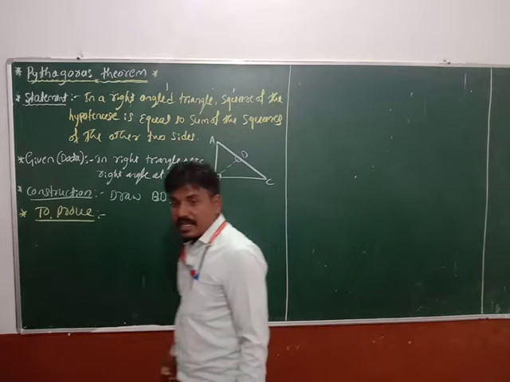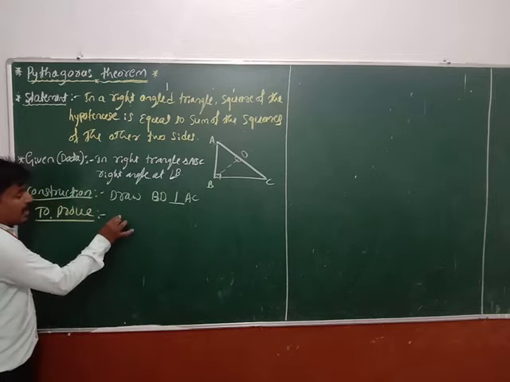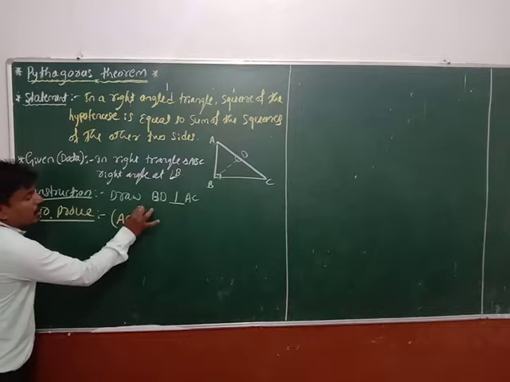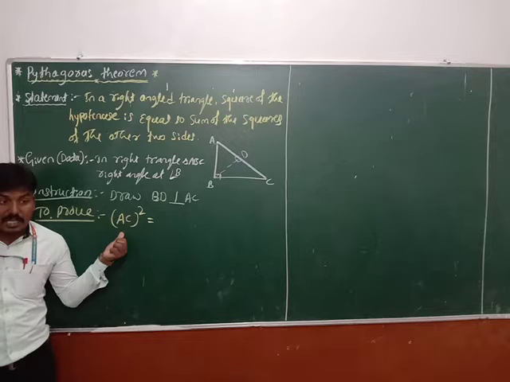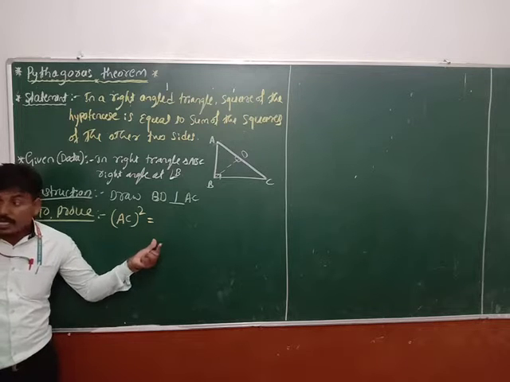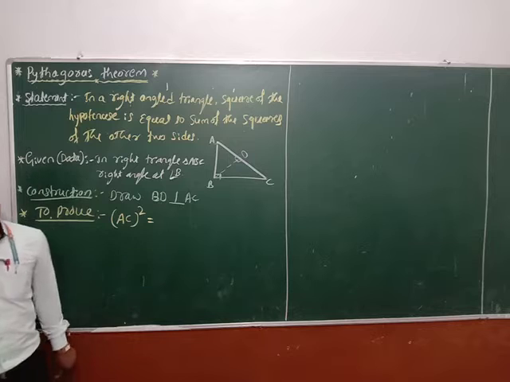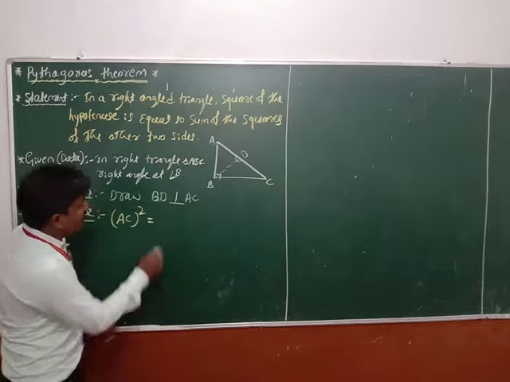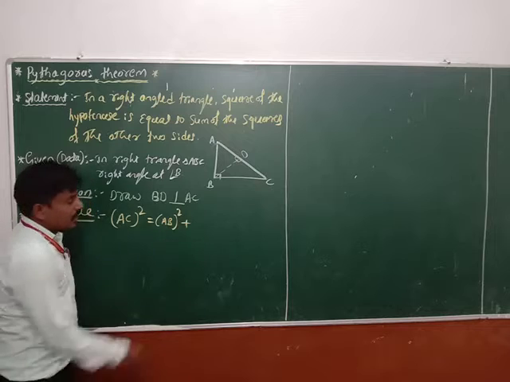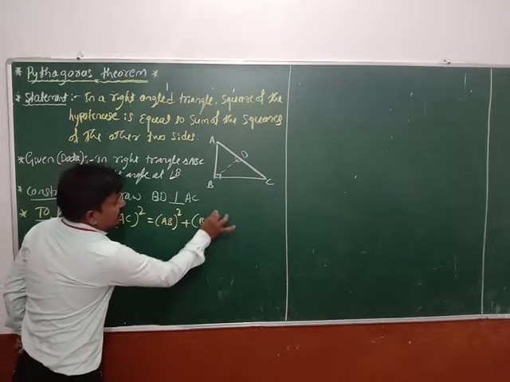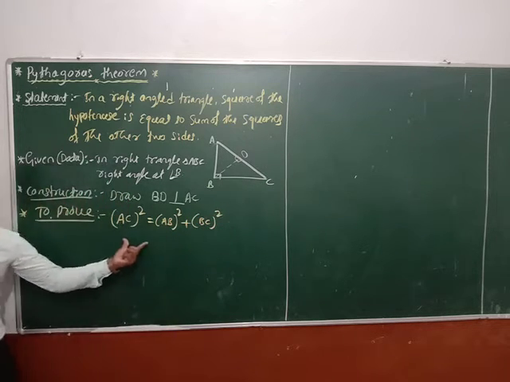You can write the condition: AC square is equal to AB square plus BC square. You can show that this is our theorem.